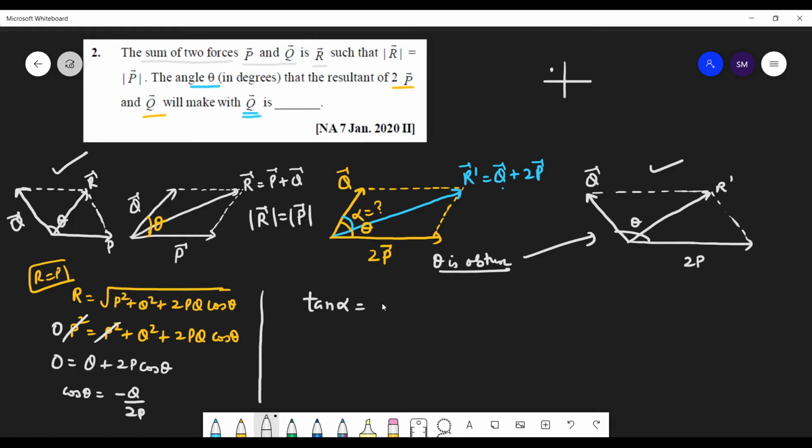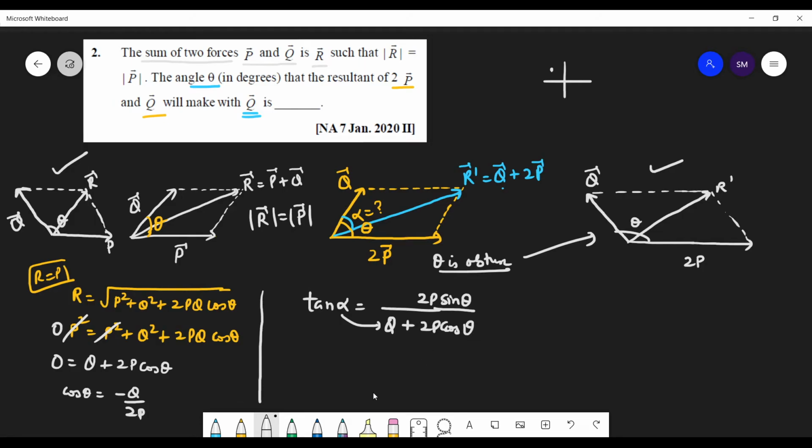So tan alpha is equal to, with whom is it making alpha? The resultant is making this with Q, right? So write Q here first, then write the magnitude of the other vector. The other is 2P. So 2P sine theta upon Q plus 2P cos theta.